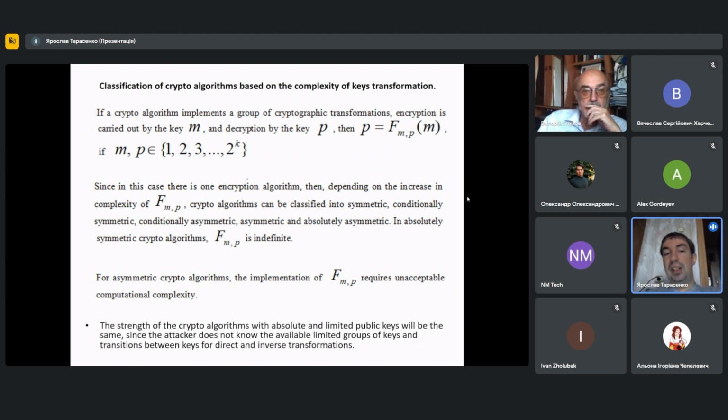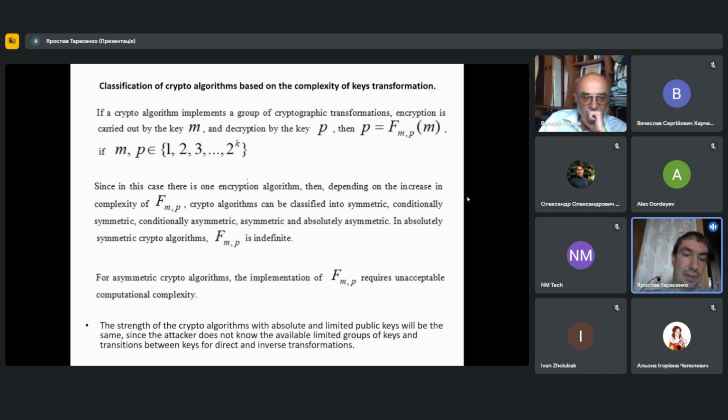If a crypto algorithm implements a group of cryptographic transformation, encryption is carried out by the key M and decryption by the key P. Since in this case there is one encryption algorithm, then depending on the increase in complexity of F, crypto algorithm can be classified into symmetric, conditionally symmetric, conditionally asymmetric, asymmetric, and absolutely asymmetric.